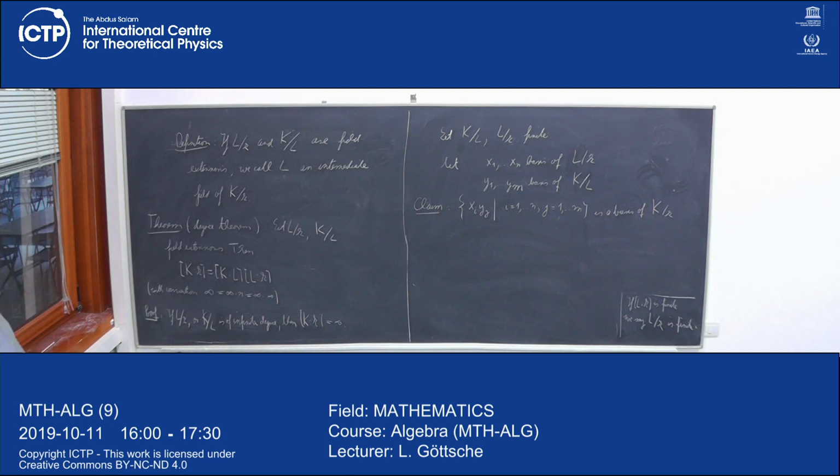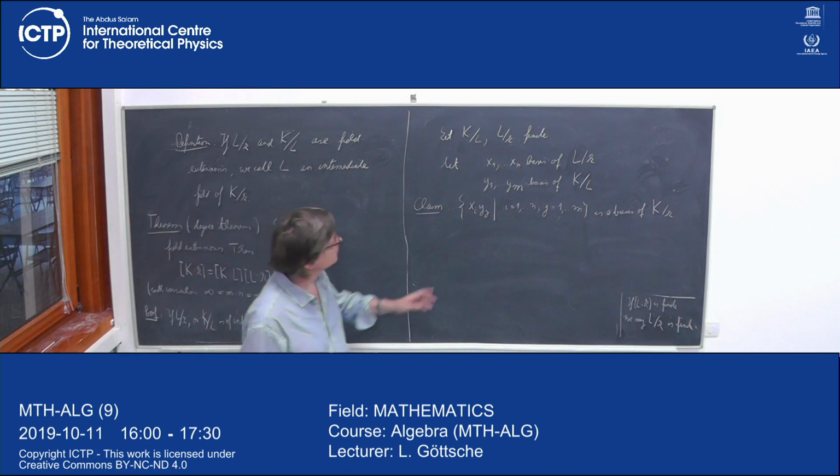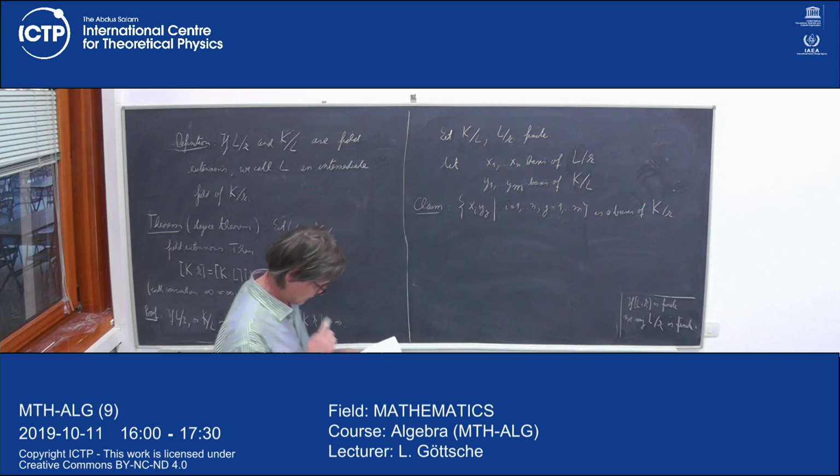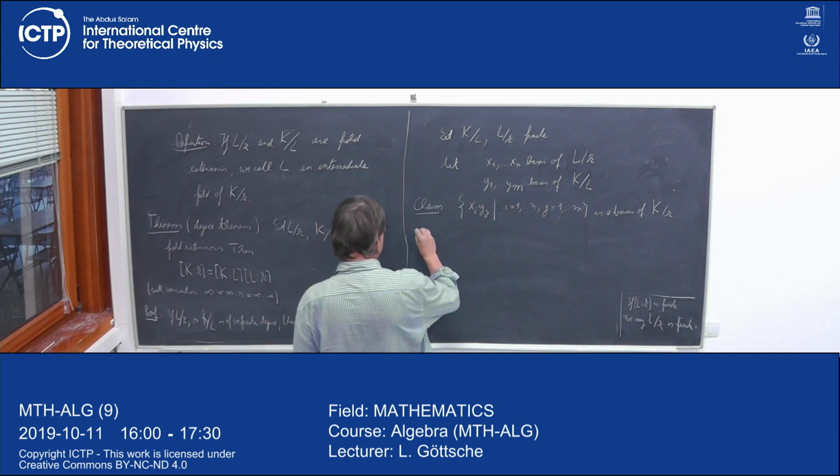If you want to check this claim, you just have to check the obvious thing. We have to check that these span large K as a small k vector space and that they're linearly independent. We just check this. So they generate.